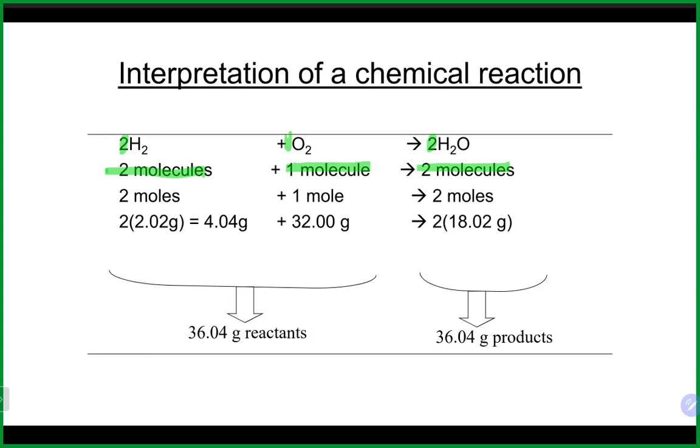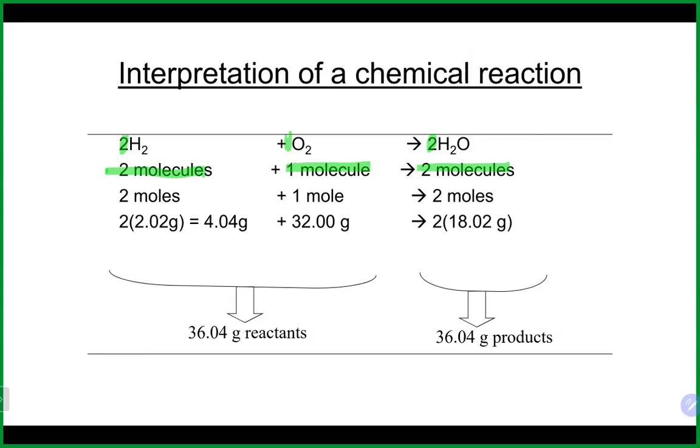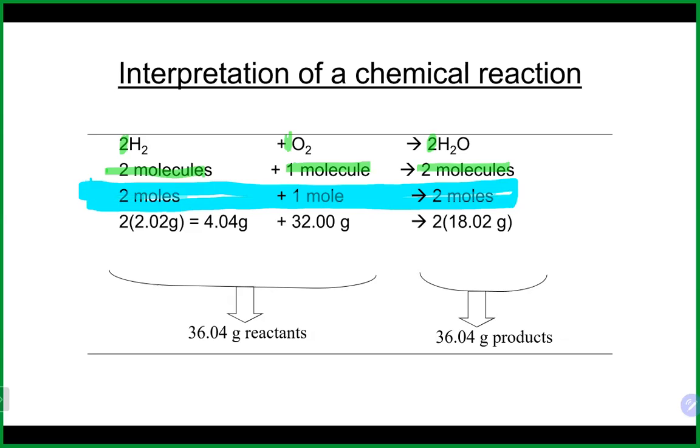The relationship that we use the most is really the next one. We could also say that 2 moles of hydrogen react with 1 mole of oxygen to give us 2 moles of H2O. That is the relationship that we use in stoichiometry and these type of calculations.